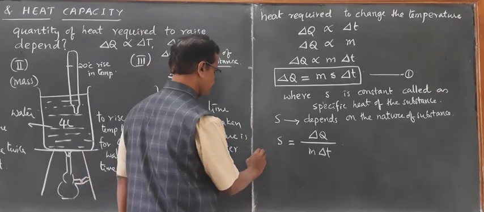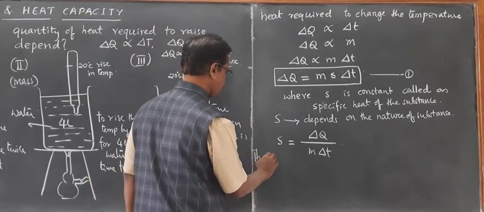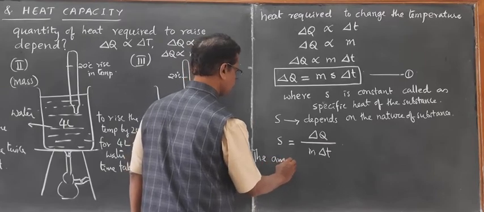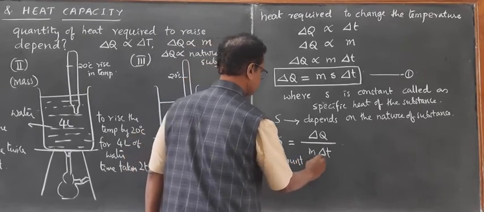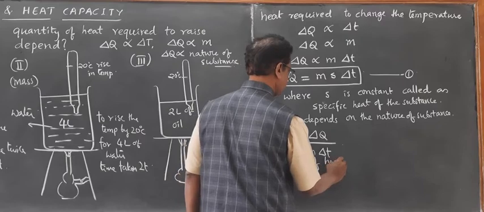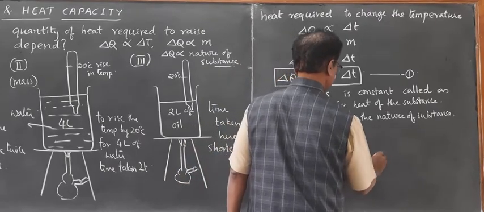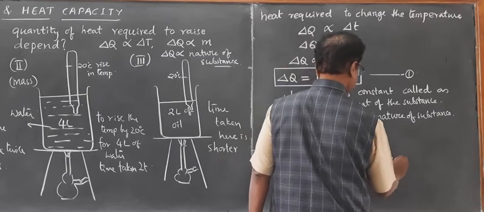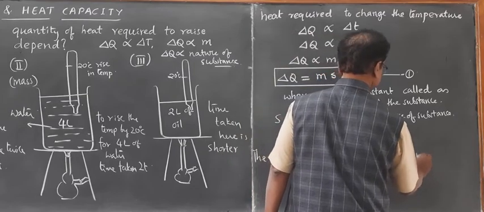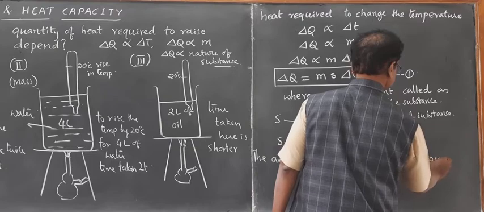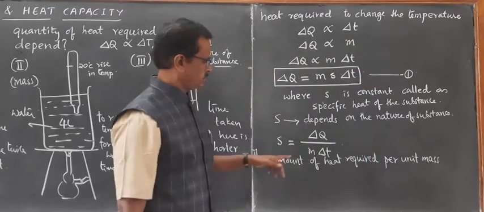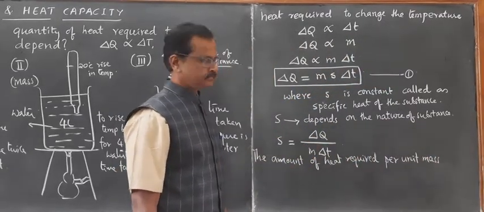Now we will define the amount of heat required per unit mass, because m is there in the denominator, you put m equal to 1.